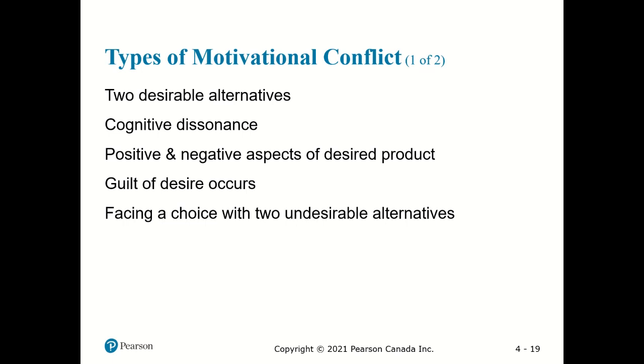Later on you feel I should have spent maybe $5 or $10 on donation, but you didn't do that. Later on you feel some guilt. Then facing a choice with two undesirable alternatives: you don't want either, but you have to do this one only because of some reasons. That will also create some conflict.